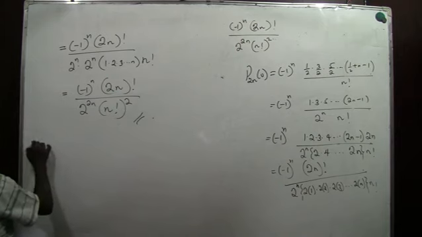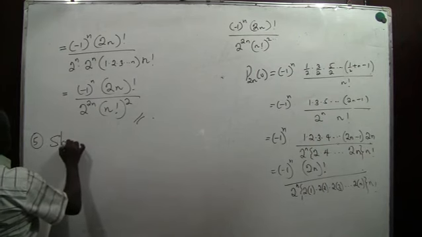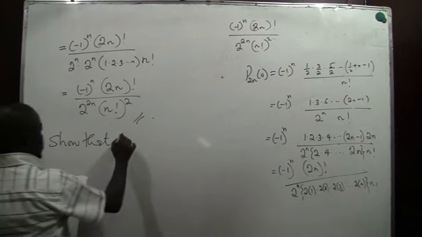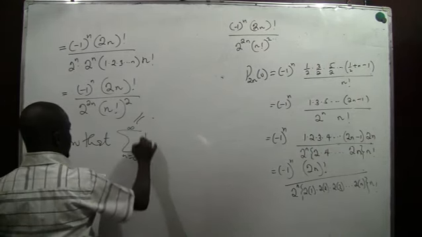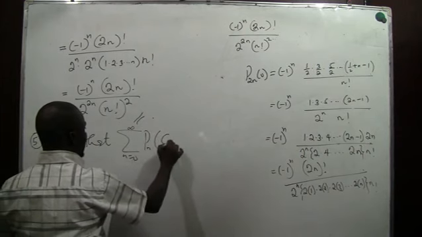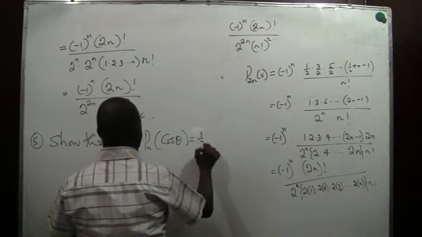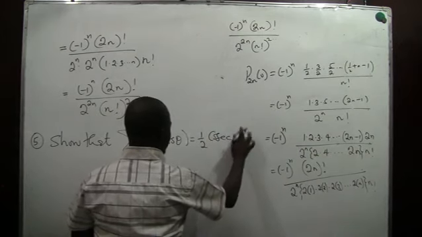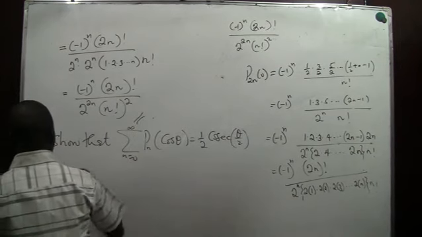Question number 5. We have to show that the summation, n from 0 to infinity, of Pn cos theta is half cosec theta over 2.